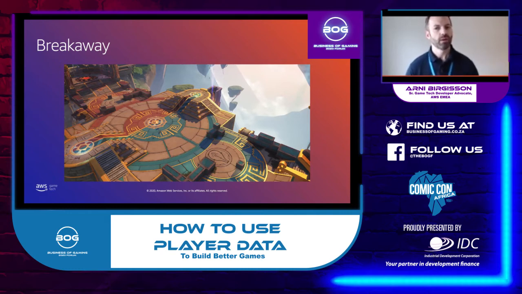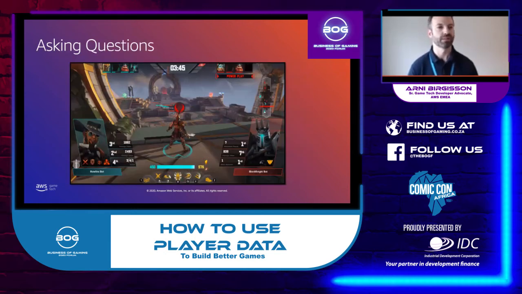So let's come up with a hypothesis here, and let's try to see if we can do something that makes a little bit more sense. In this game, this is a map that's called El Dorado in Breakaway. It's a 4v4 team battle arena game. At the start of the game, there's an object called the relic in the center of the map.